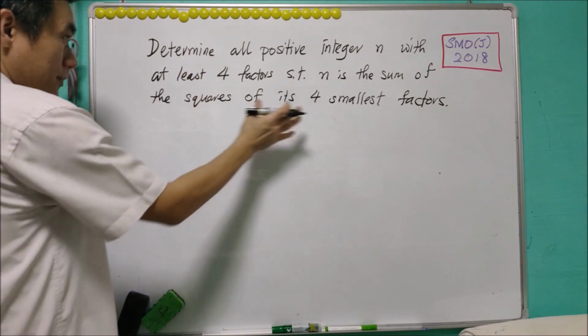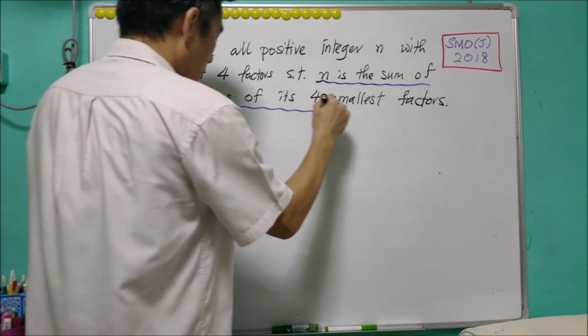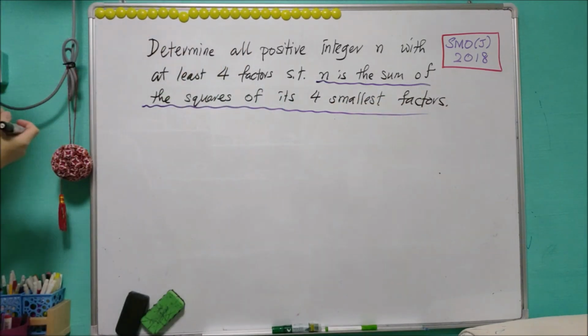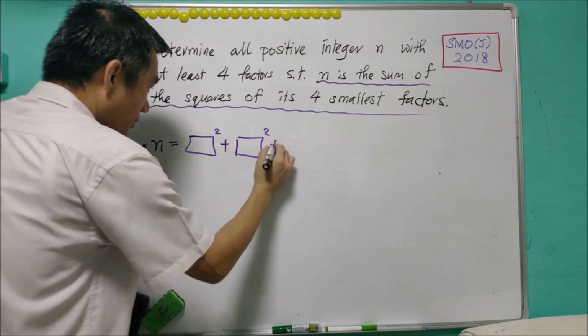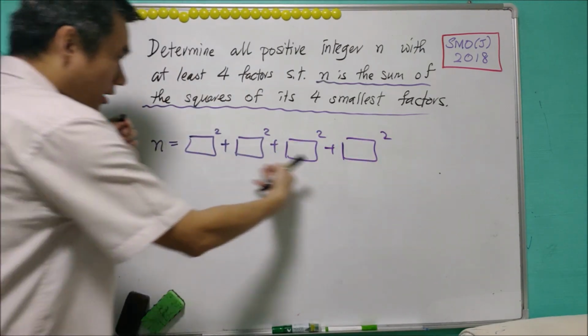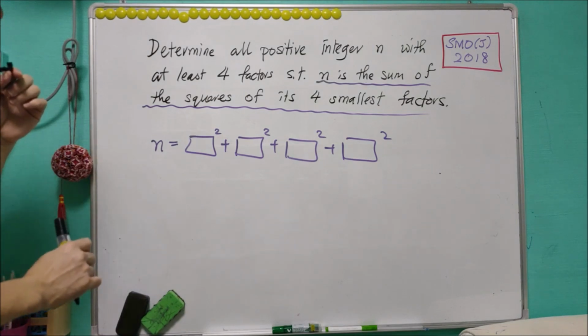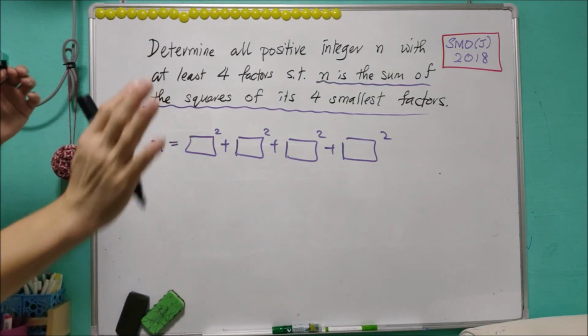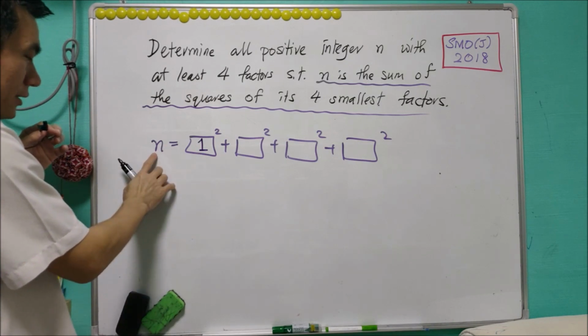Let's try it rigorously now. In this case, n is the sum of the squares of its 4 smallest factors, so n has to be of this form, where each of these is a factor of n, and they are the smallest among the rest. Obviously, 1 will be a factor of n.